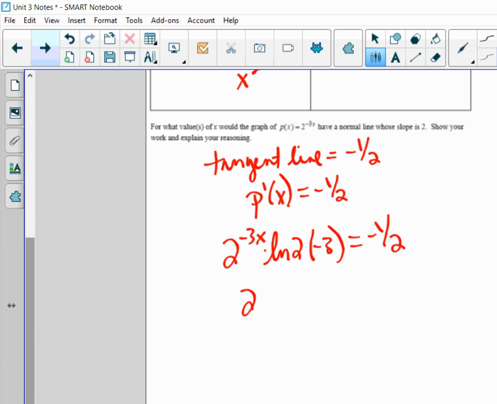So where does 2 to the negative 3x, I could divide that over and say negative 1/2 over ln of 2 times negative 3. I think I would use my calculator here. Maybe I could even just graph this and set it equal to negative 1/2 and see where it equals, right? Remind me in class, we'll use our calculators to see where that works, okay?